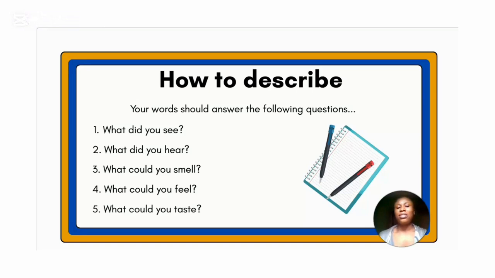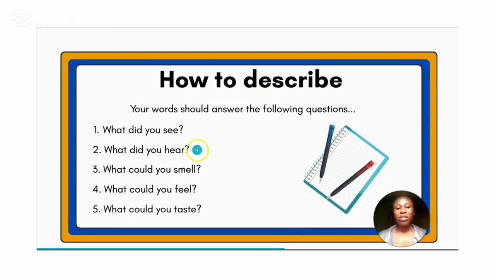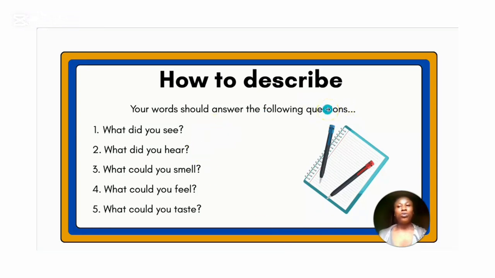We want to understand how to describe. How do you really describe? When you're describing an object, a person, or an event, your words should answer certain questions. You don't just come up with words because you want to describe.